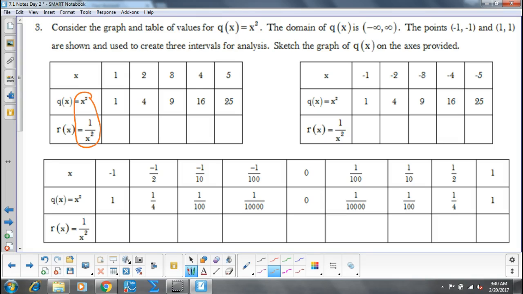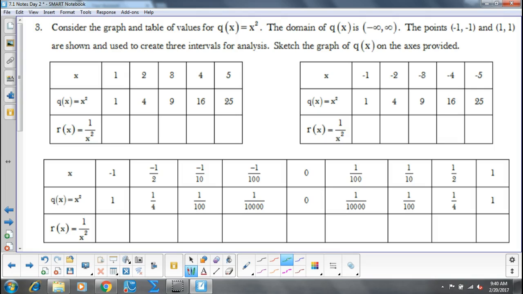It's a rational function, yes, but that's not why we went with r. That's a good r word though. It's the reciprocal. What does reciprocal mean? Not opposite. Flip it. Okay? On all of these, r is just the flip.